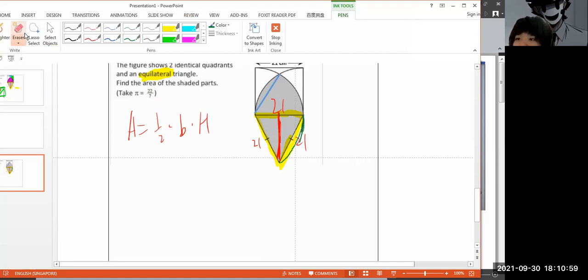Okay, what do you see now? If you continue, basically this is part of the circle. This part. Don't mess up. Okay, good. So what can you see now?